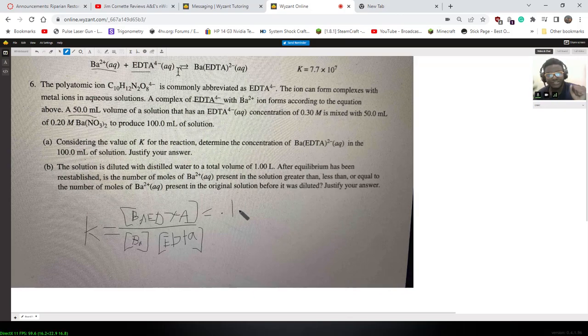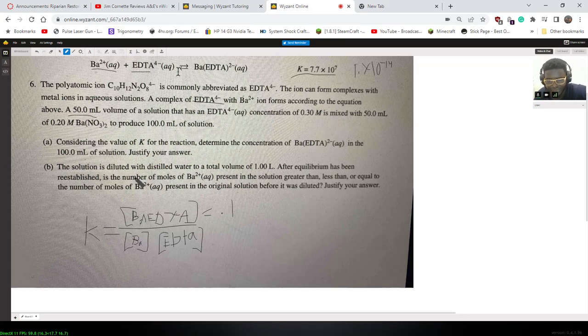Because it's so products favored that it really all wants to turn into barium EDTA. And that's fair enough, because that's a huge number in comparison to the other K constants we're working with. With water, we're looking at 1 times 10 to the 14th. That's tiny in comparison.